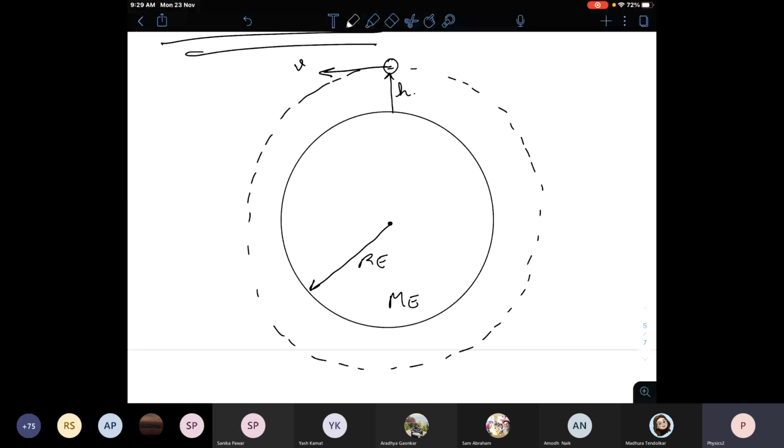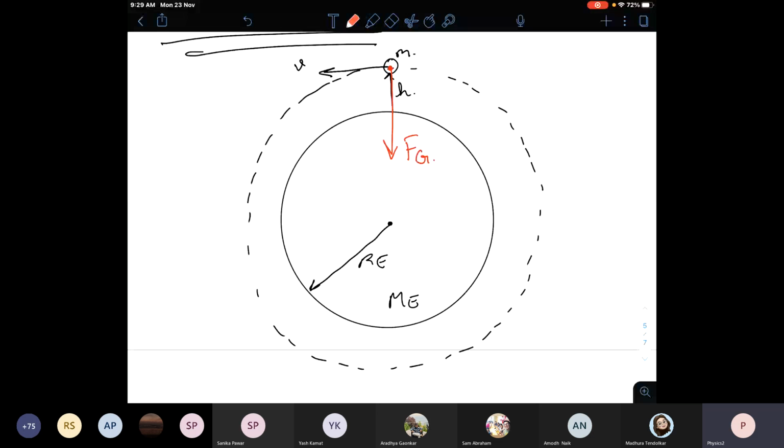It is very simple. Consider the mass of the satellite to be small m. Now, if it is moving in a circular path, you can see that a gravitational force will be acting on the satellite towards the center of the Earth.